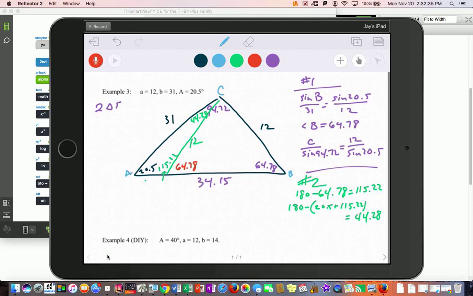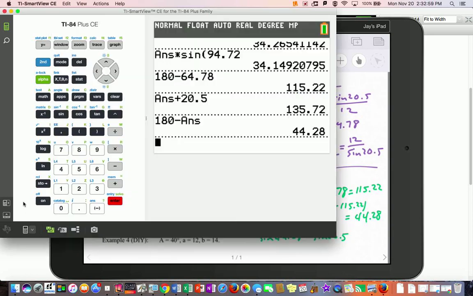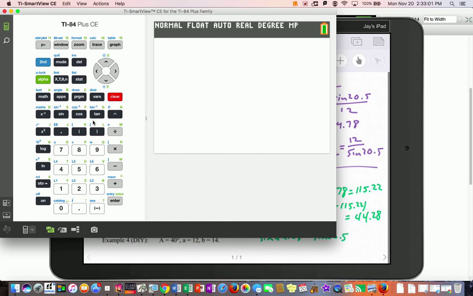Now to find little c right there for the second triangle, I do c over sine of 44.28 will be equal to, let's do the 12 on top of the sine of 20.5. So again, let's clear this out so you can see. We're doing 12 divided by the sine of 20.5.